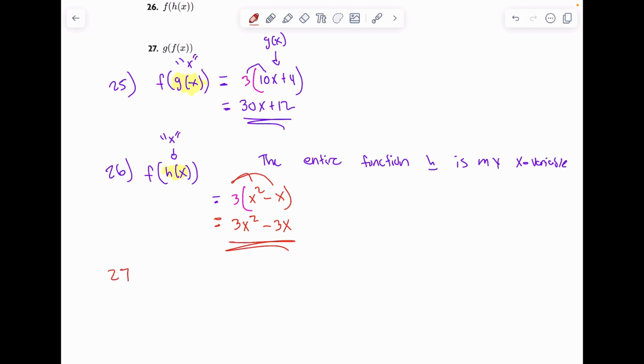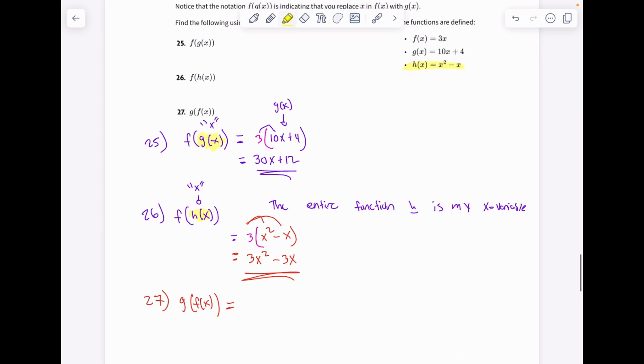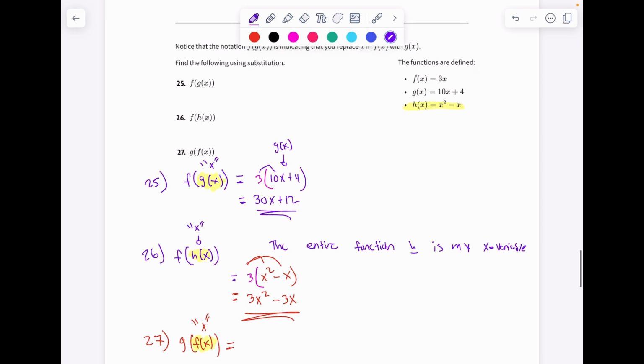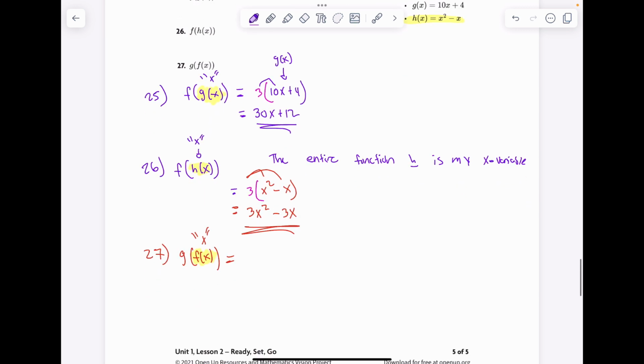Last but not least, 27. I get g of f of x is equal. Same concept. This entire function is my x variable, but now I'm replacing it into my g function. So g of x is equal to 10x plus 4.